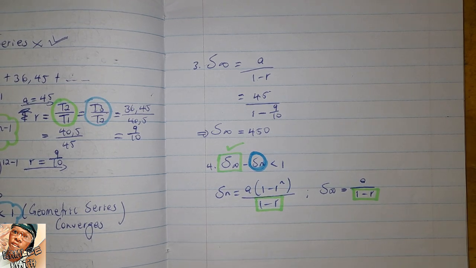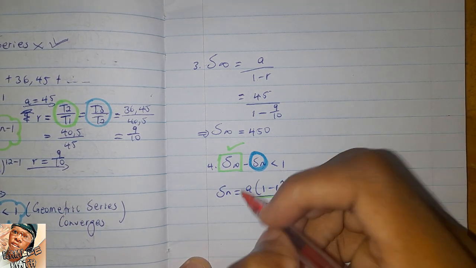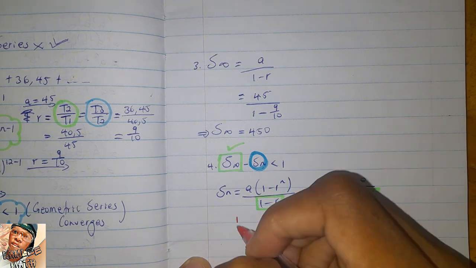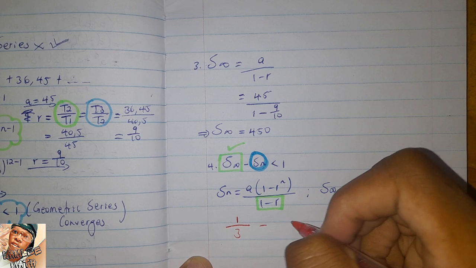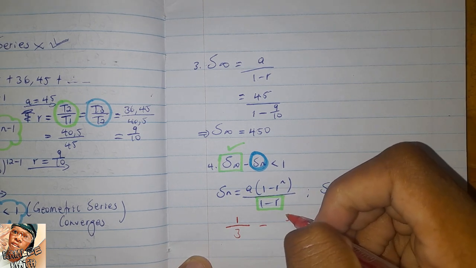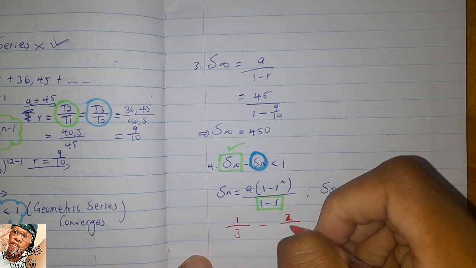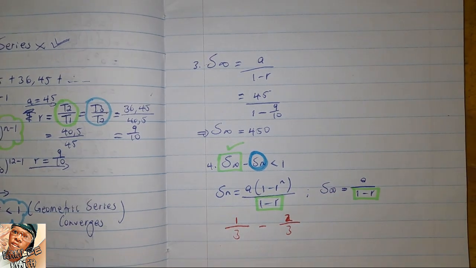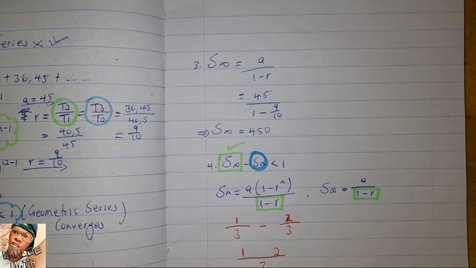So given that there's a common denominator, there's a rule. I don't know if you're familiar with this, but it says if we have the same denominator, for instance 1 over 3 minus 2 over 3, because we have the same denominators, we can just subtract the numerators, meaning 1 minus 2, divided by 3.